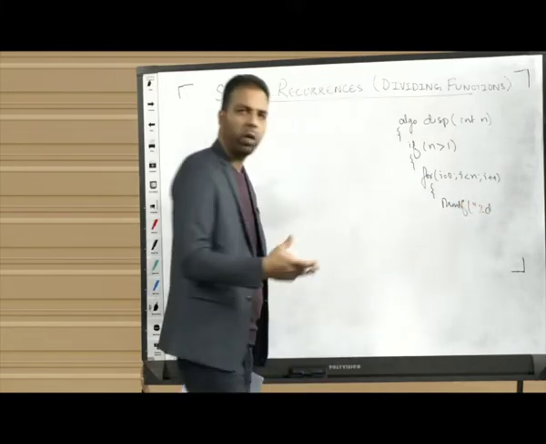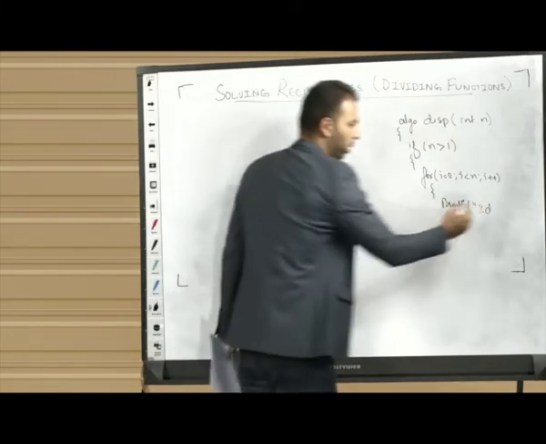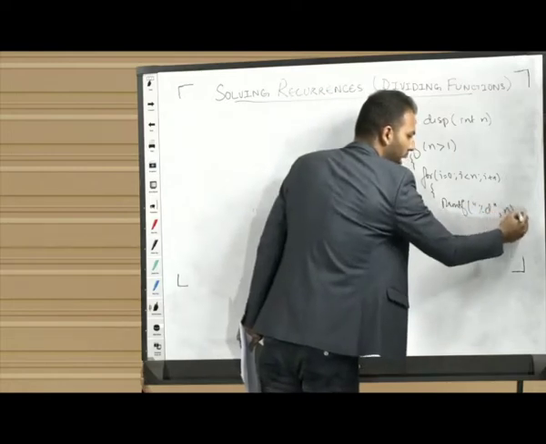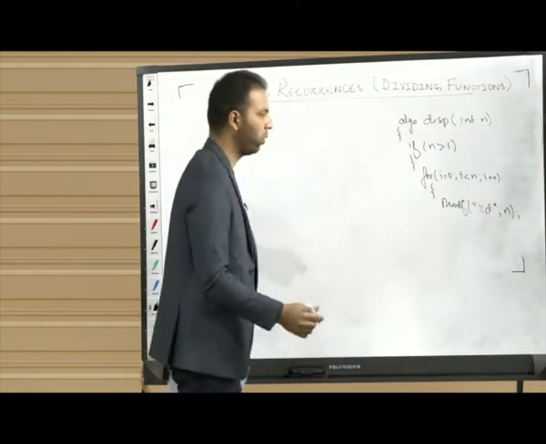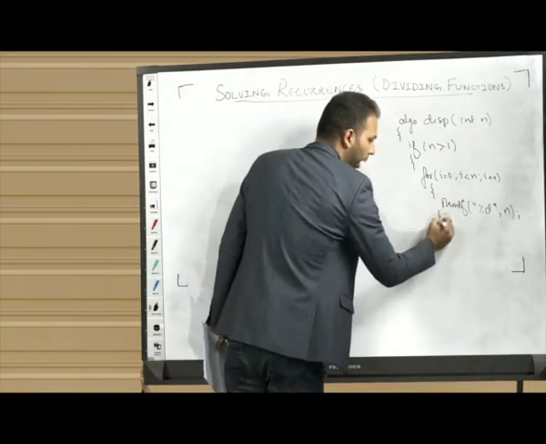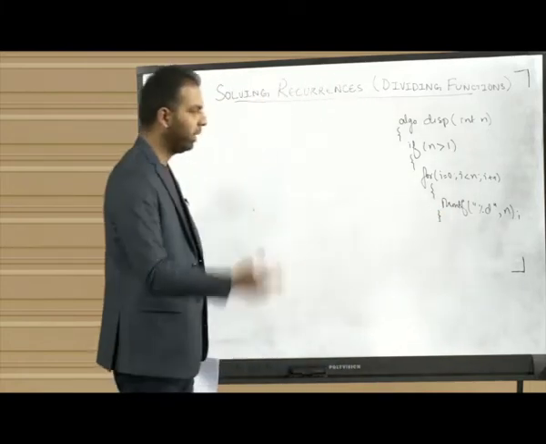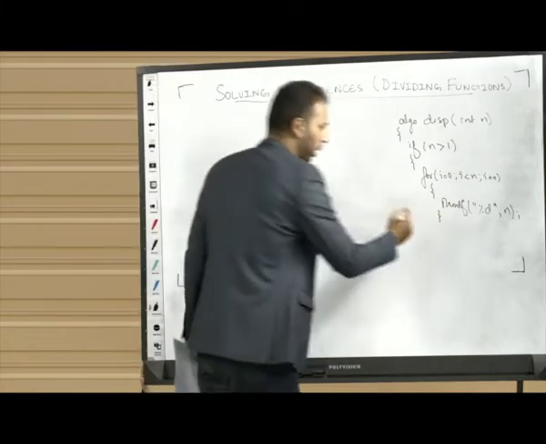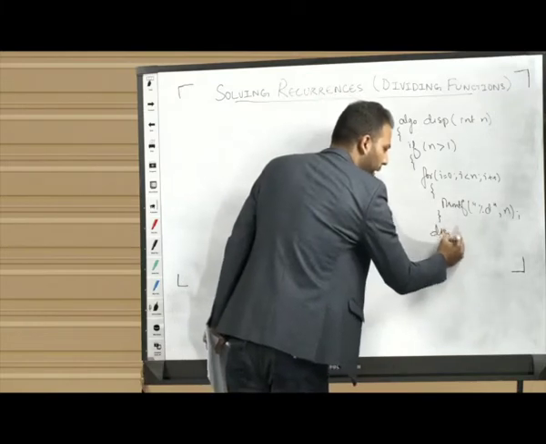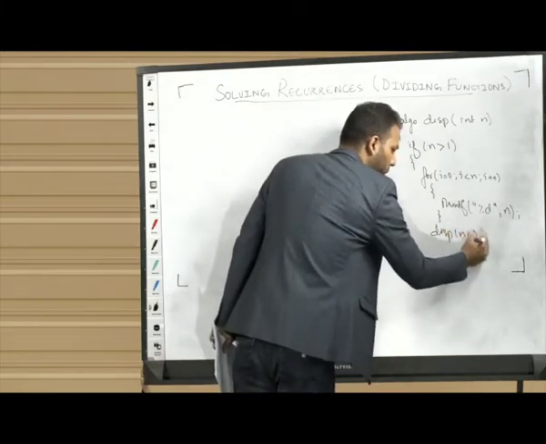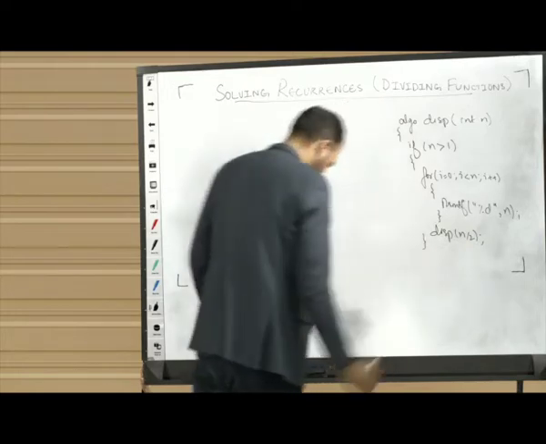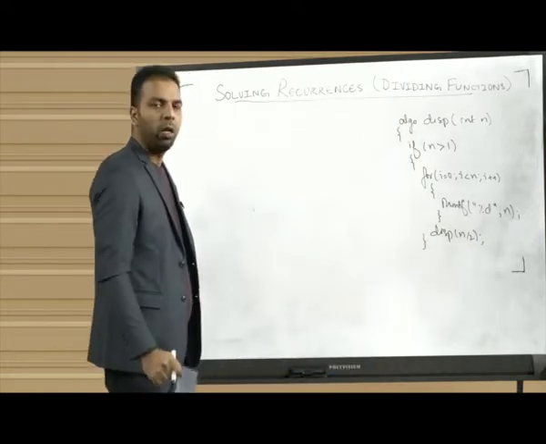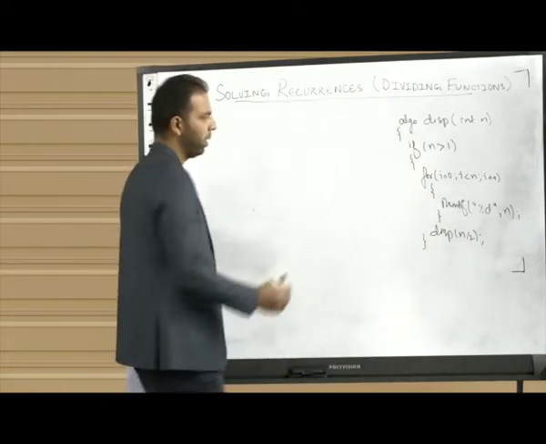It doesn't matter, you can use any statements here, any number of statements. It's just to show you how things go. And once this statement is done, I'll be calling the same function display with the value n by 2.